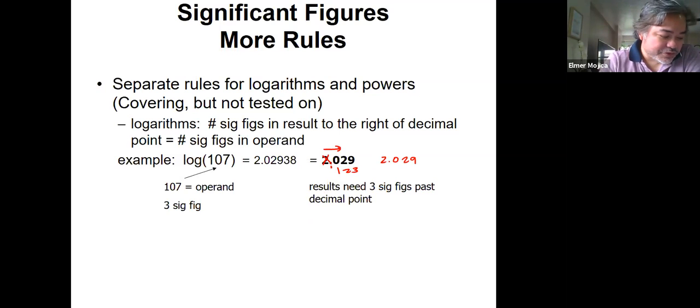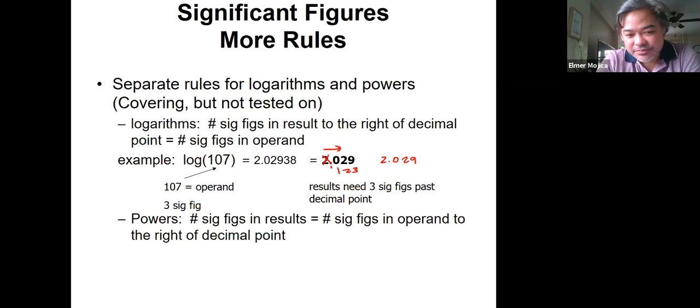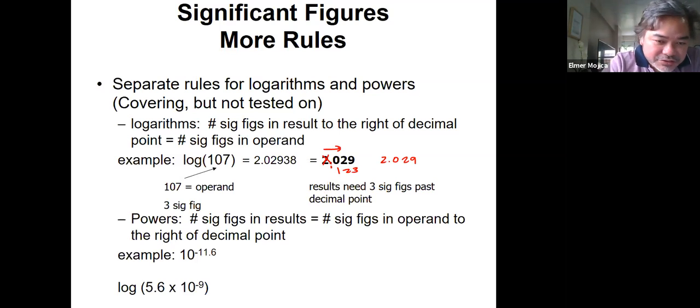Now how about for the powers? In the powers, the number of significant figures in the result is equal to the number of significant figures in the operand to the right of the decimal place. So if you're going to do it like this, 10 to the negative 11.6, what's the value that you will get there?